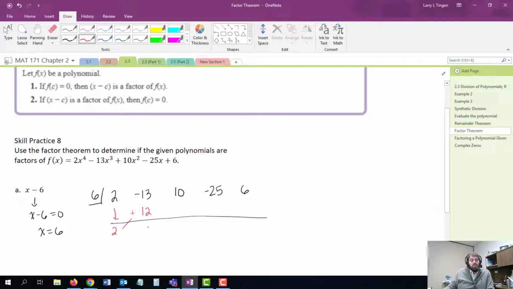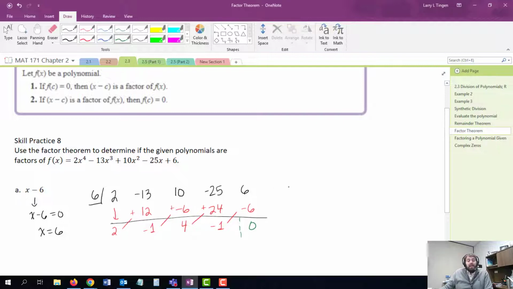Negative 13 plus 12 is negative 1. Negative 1 times 6 is negative 6. 10 plus negative 6 is 4. 4 times 6 is 24. Negative 25 plus 24 is negative 1. Negative 1 times 6 is negative 6. 6 plus negative 6 is 0. I got a remainder of 0.